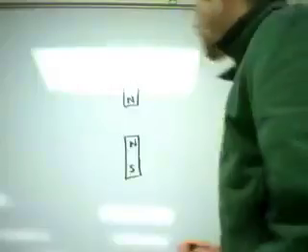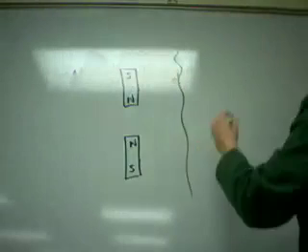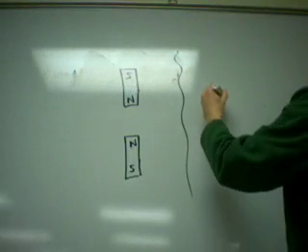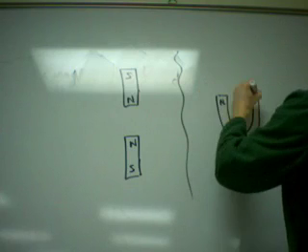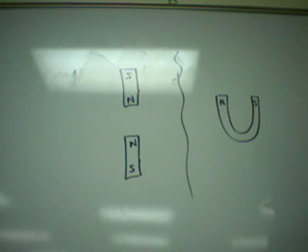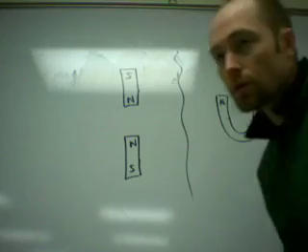The other one is a horseshoe magnet. Draw what the magnetic field would look like around that horseshoe magnet, with north over here and south over there.